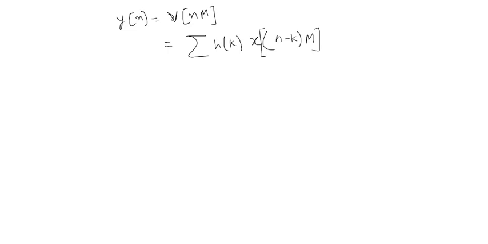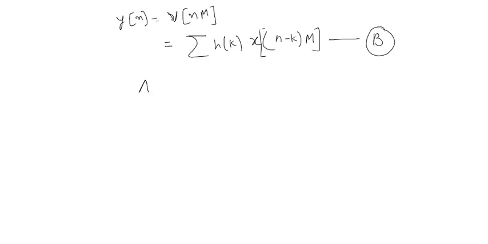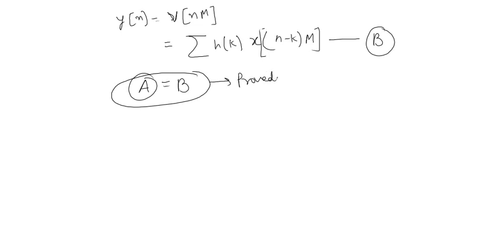Let me write it as equation b, and if I compare it with equation a, you see both a and b are same. So this is proved in time domain. Now we can prove this in frequency domain or z domain as well. So let me prove it in z domain.